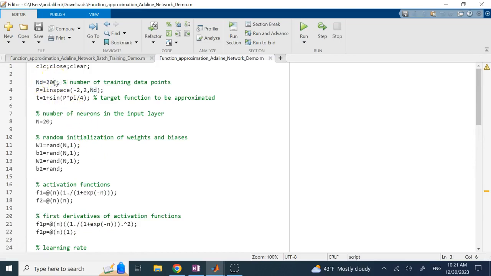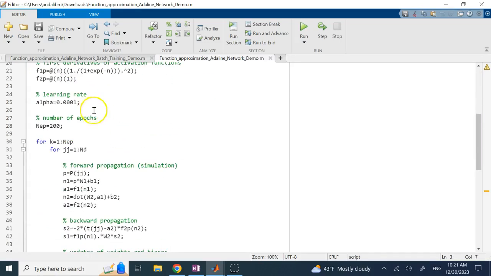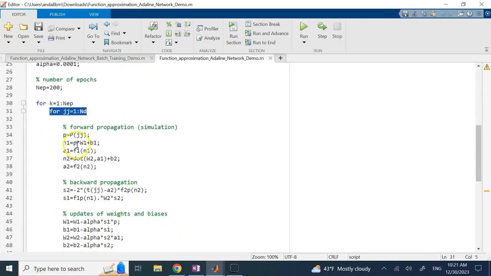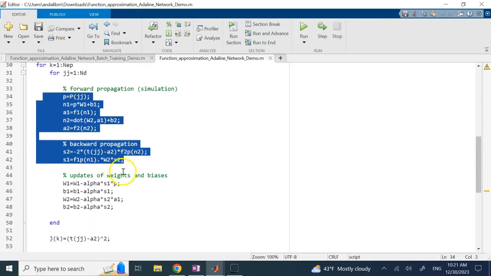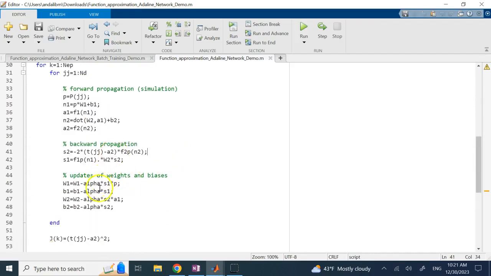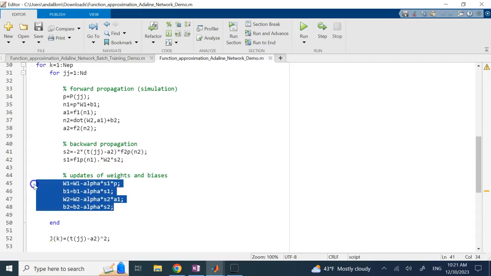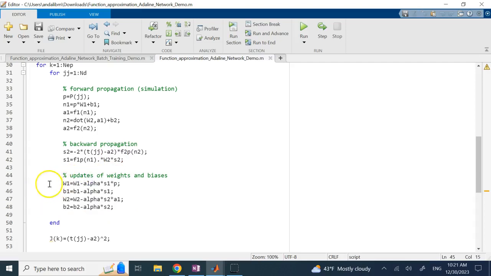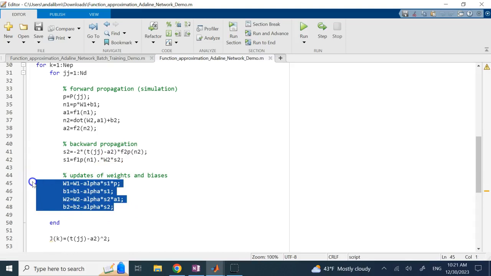Remember, for this function, I broke down the input range from -2 to 2 into 200 data points, and I fed each one of those data points to the network, and I calculated the sensitivity terms and the A's, and then you see per each one I updated my weights and biases.